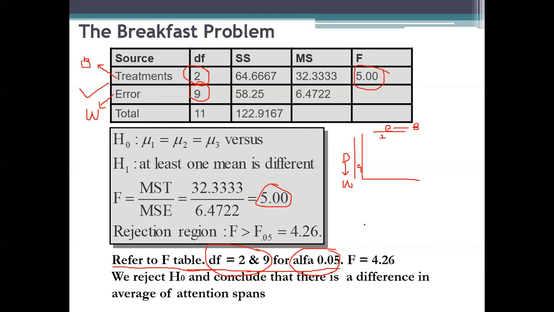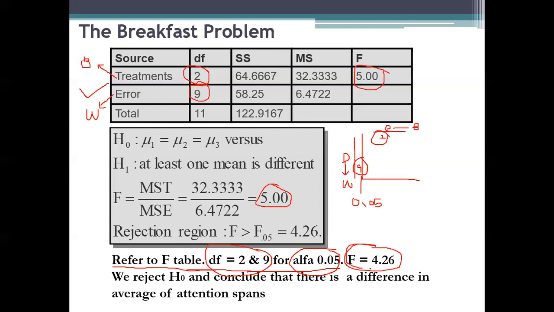So you refer to the degree of freedom of 2 and 9, at the alpha level of 0.05. Please try to check this in the F table. Then you will get the value in the F table, which is 4.26.